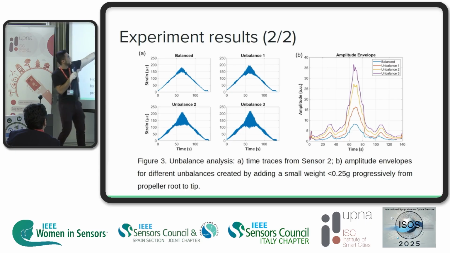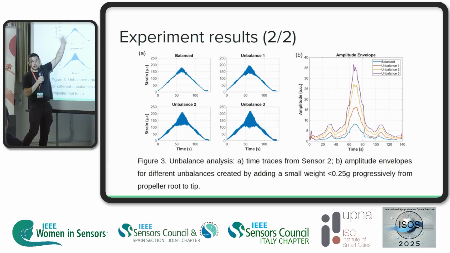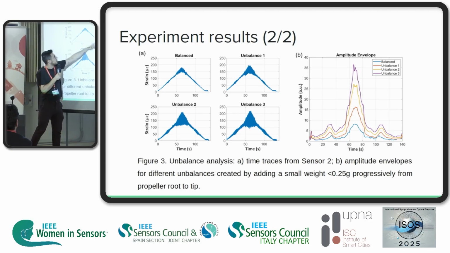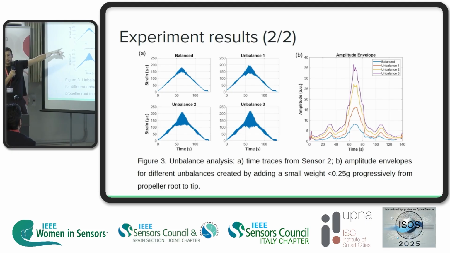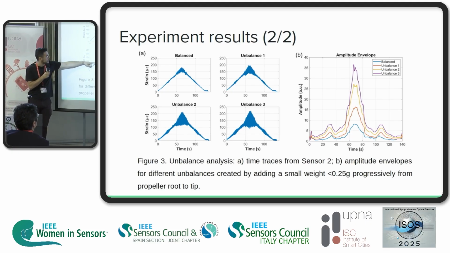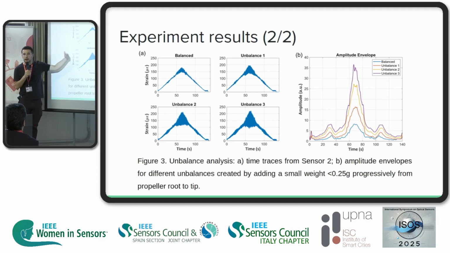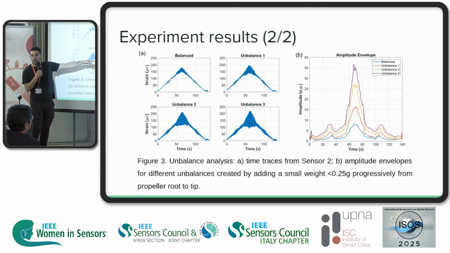As we throttle up, we get some more vibration at higher speeds, and then we decelerate and it reduces. But as soon as we unbalance the propeller and start moving the duct tape outwards, this vibration becomes larger and larger. There you can see the amplitude envelope for all the tests that we conducted.